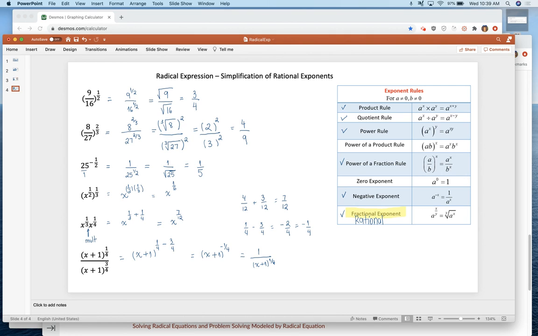Oh, no, I have something here. Oh, I know where my mistake was. When I reduce, this is a 2, right? Sorry about that. Divide by 2, divide by 2. And then I have negative half, and then it becomes positive half. So then you stop right there.